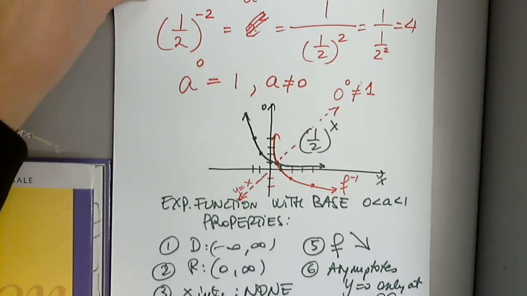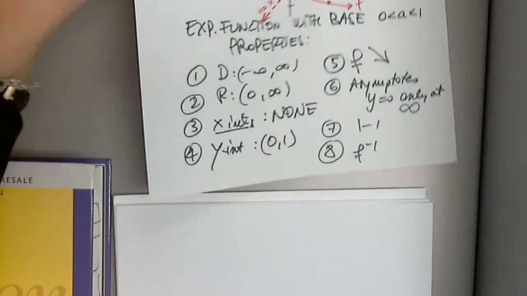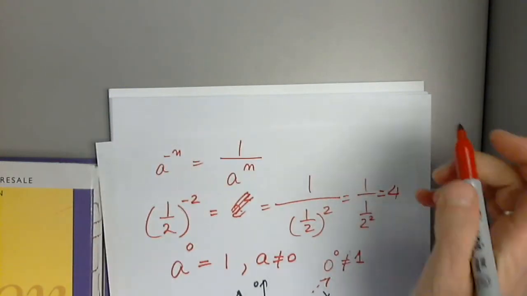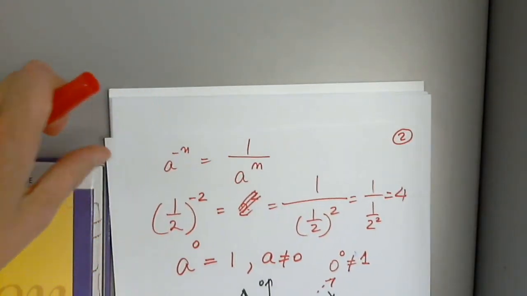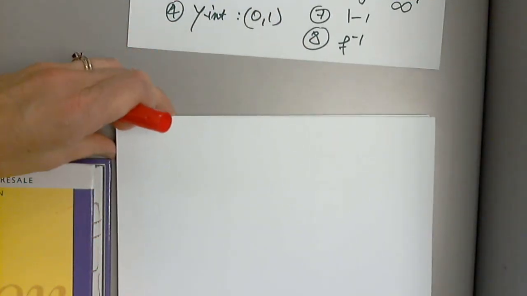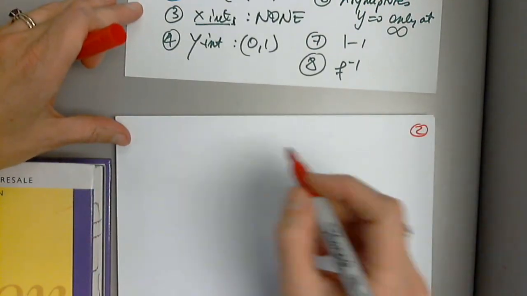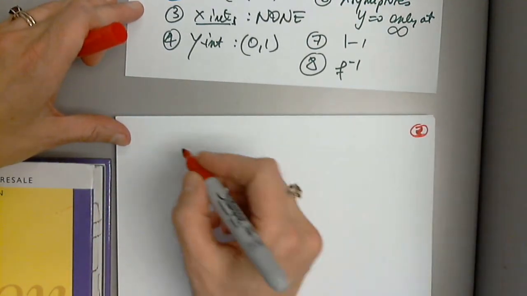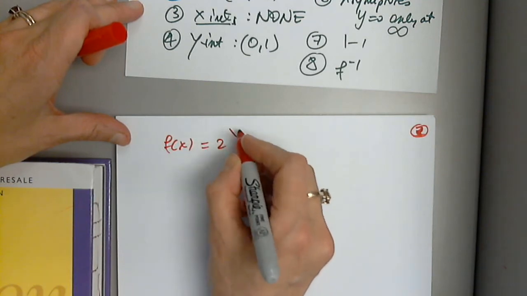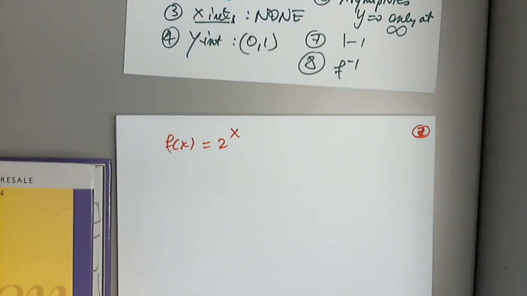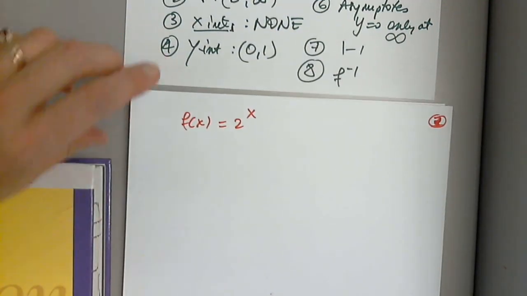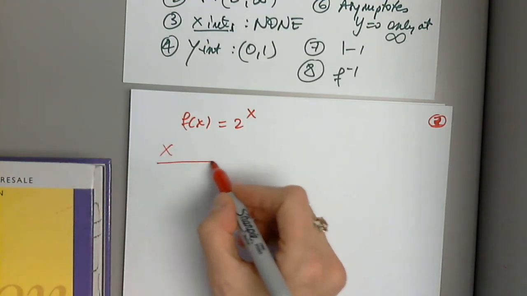Okay, so now let's graph the other shape. What other shape? Well, there is a second shape for the exponential function, with a base greater than 1. Again, let's determine the domain and get the table going.